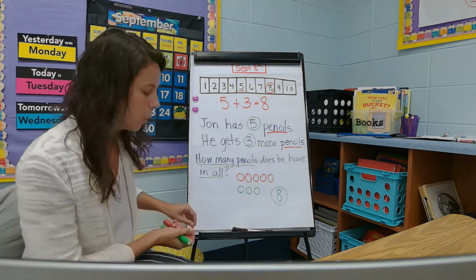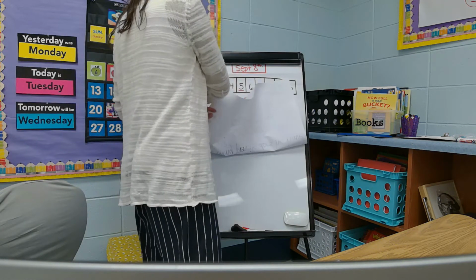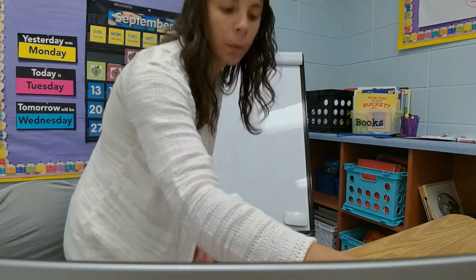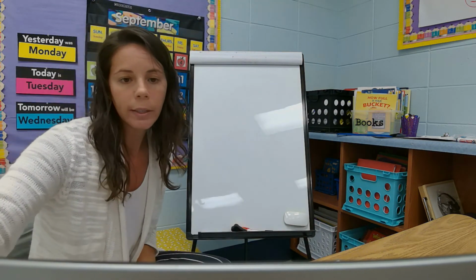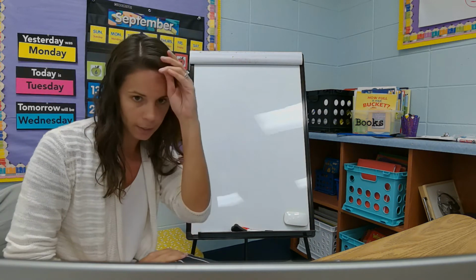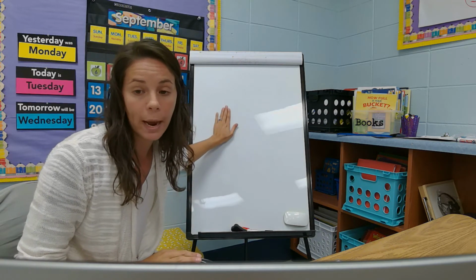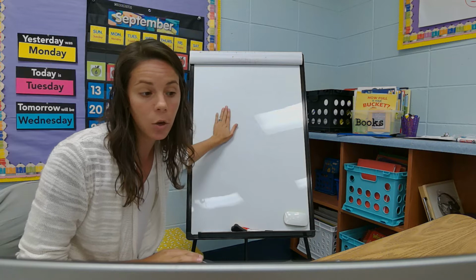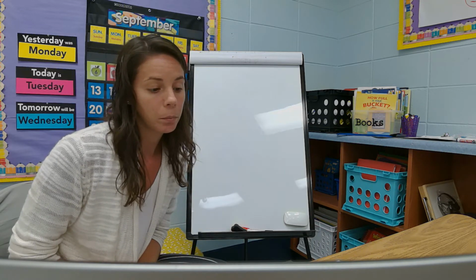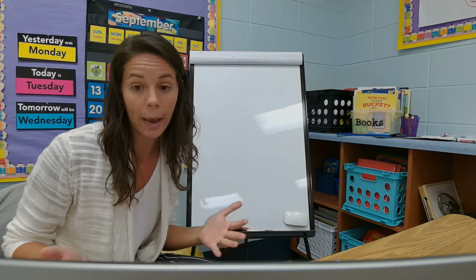Awesome. So let's do a couple more. I'm going to use just our board. Okay, and let's try to use our math talk today. So that means I'm going to put a problem on the board, and when I ask you to explain, you can use these words. First, I tried it this way, okay?